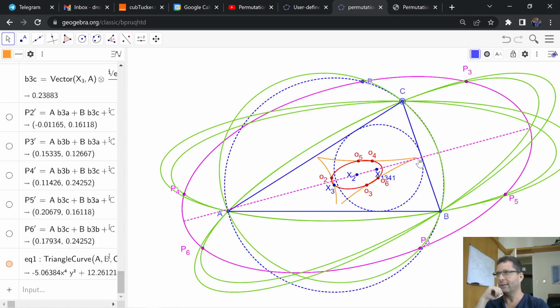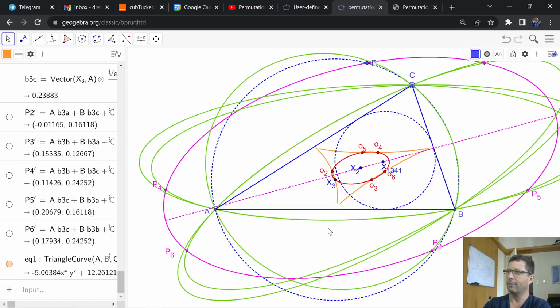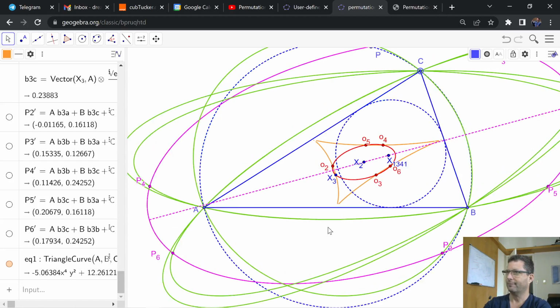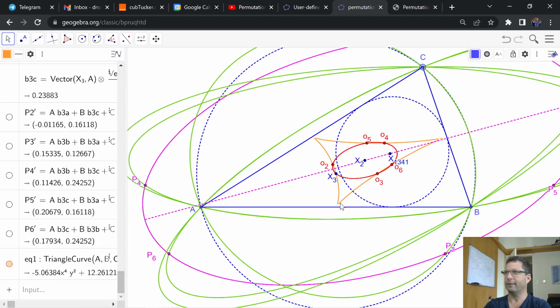You get a different sextic. Everything seems to continue to hold. GeoGebra did not properly compute this cusp here, but I think if I change the zoom, so I just asked it to recompute here with a bigger zoom, let's see if it gives us a better picture of this sextic. Yeah, so you're going to get a cusp here, right?